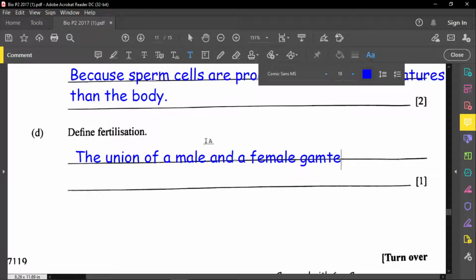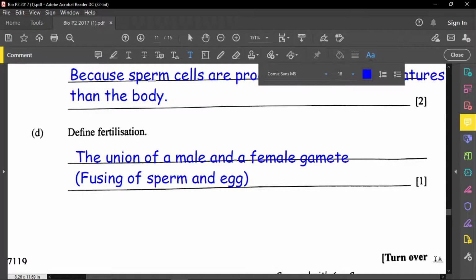The gametes will join, they will meet. We can even say the fusing of sperm and egg. That's what it is.